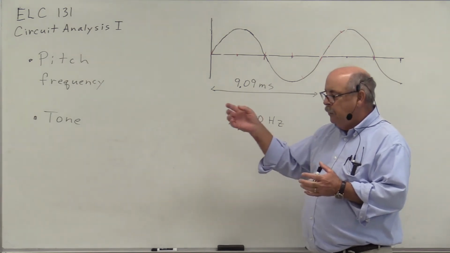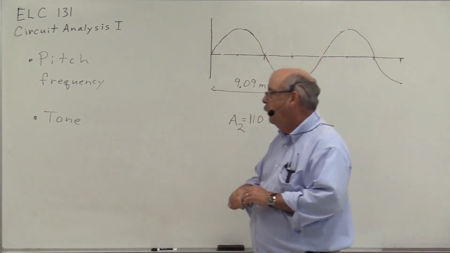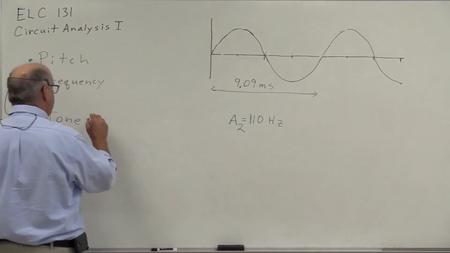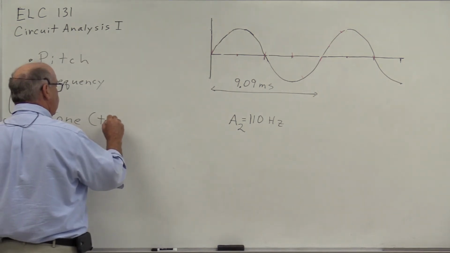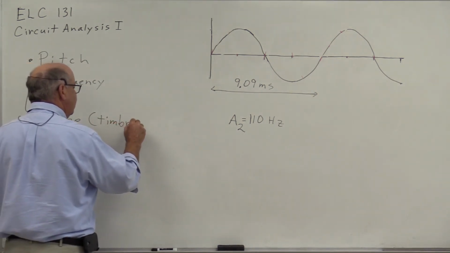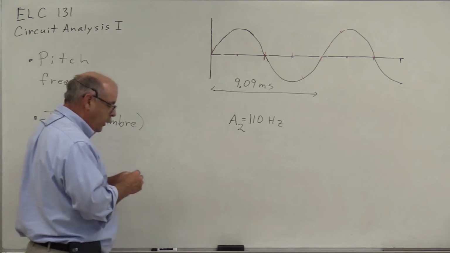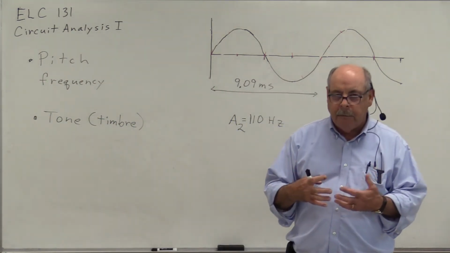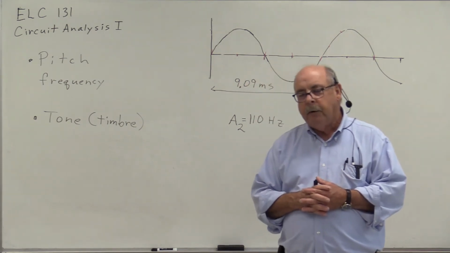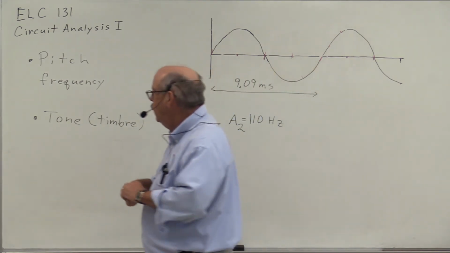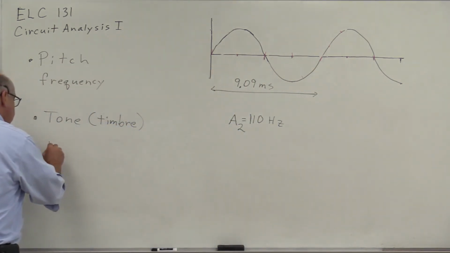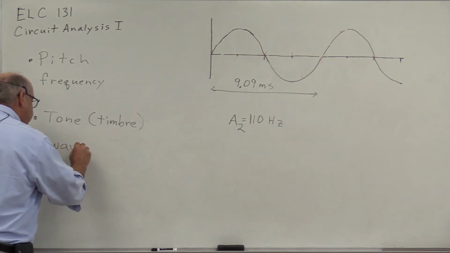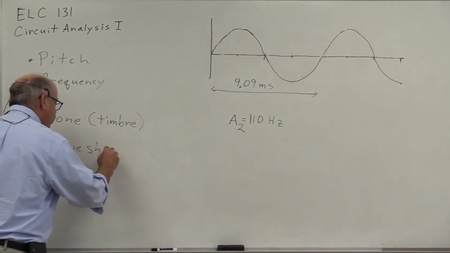Now, the term tone, which is probably more correctly called timbre, and I know it looks like it should be timber, but it's actually pronounced timbre. Timbre is really the wave shape.